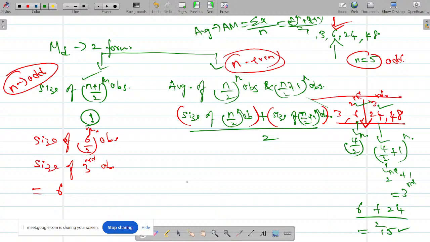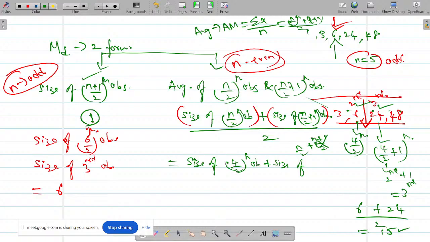Now get me the value. What is the size of the n by 2th observation? Here, n is even, 4. So this is the 4 by 2th observation, plus the size of, please make a note, it's not n plus 1 by 2, it is n by 2 plus 1. You have to be very keen on this.